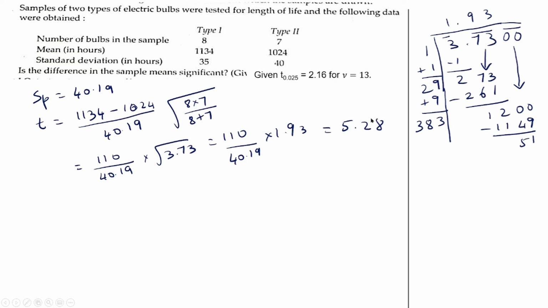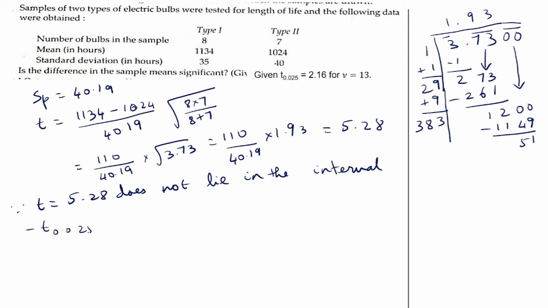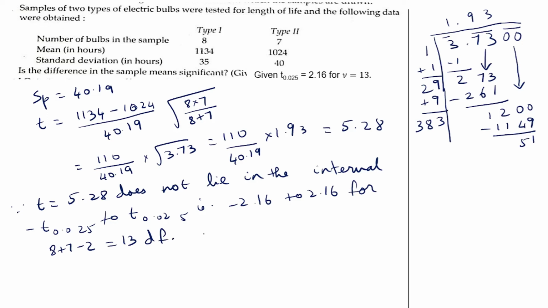So we have to reject H0, since t equal to 5.28 does not lie in the interval minus t 0.025 to t 0.025, that is negative 2.16 to 2.16 for n1 plus n2 minus 2, that is 8 plus 7 minus 2 equal to 13 degrees of freedom.